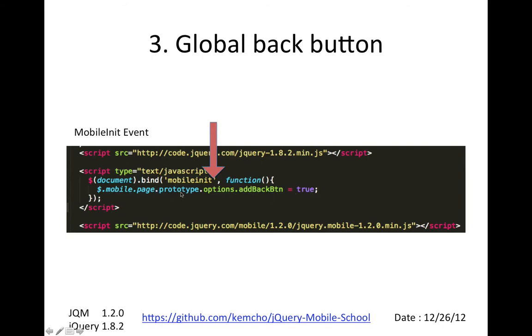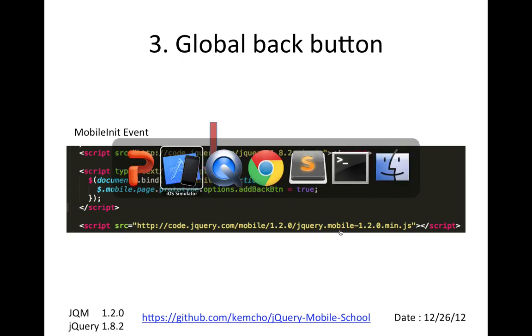What this is basically doing is saying, on document, when this event fires called mobileinit, I want to override my mobile object options in a certain way. This requires a little bit of jQuery logic, which I'll go into in a separate video, but this is how you generally do it. You bind on a mobileinit event and then override certain things, but you do all of this before including the jQuery Mobile library itself.